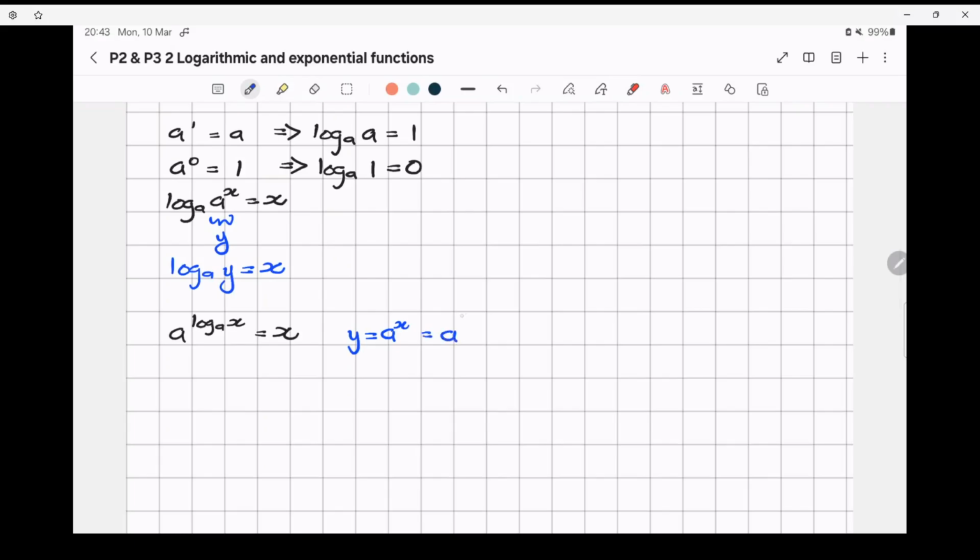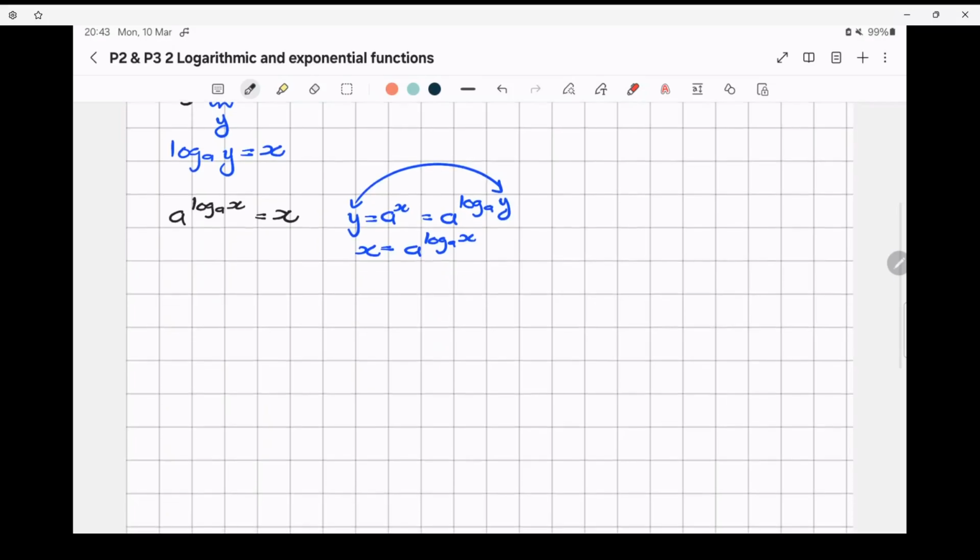So as long as you switch this back to y, and you switch it back to x, you get back the equation, which is x equals a to the power of log base a x. So that's how you prove all these four identities.